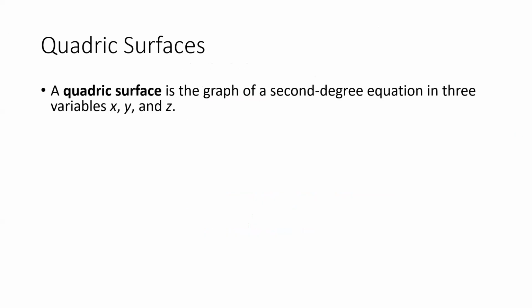So let's begin. A quadric surface is the graph of a second degree equation in the variables x, y, and z. These equations involve terms such as x square, y square, z square, and sometimes products like xy, xz, or yz.